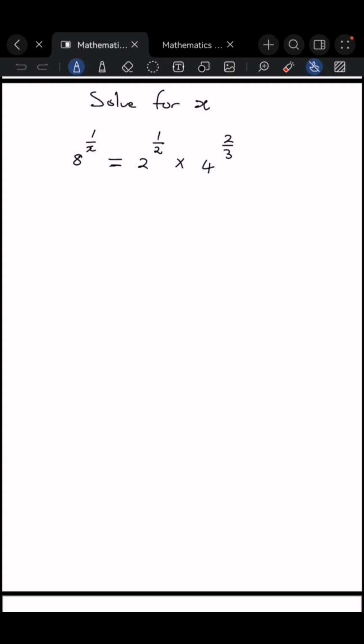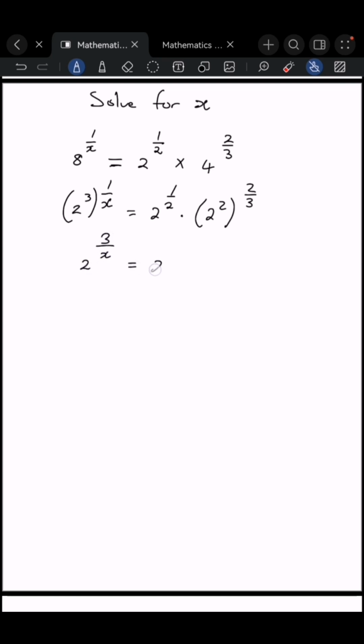8 raised to the power of 1 over x is equal to 2 raised to the power of 1 over 2 times 4 raised to the power of 2 over 3. This becomes 2 raised to the 3 times 1 over x is equal to 2 raised to the power of 1 over 2 times 2 raised to the power of 4 over 3.